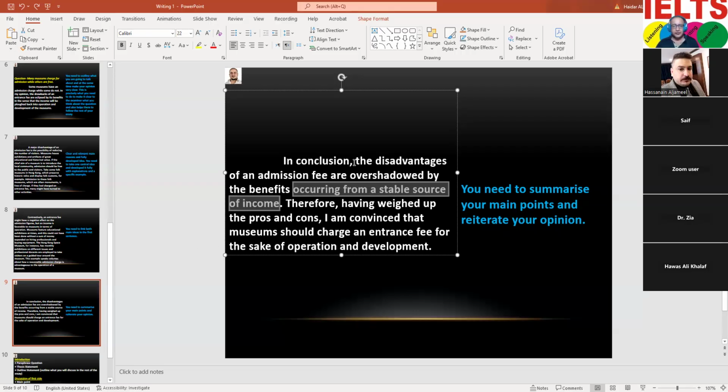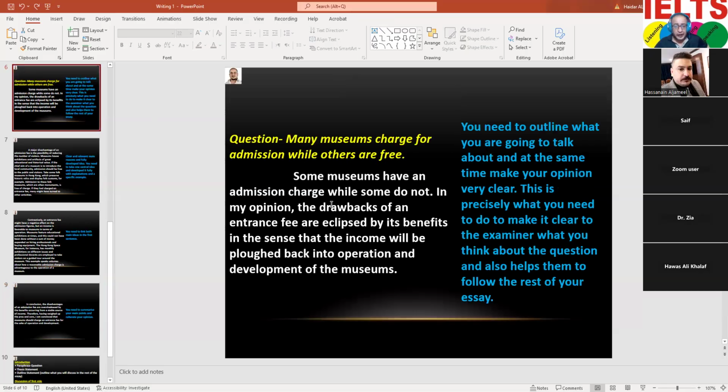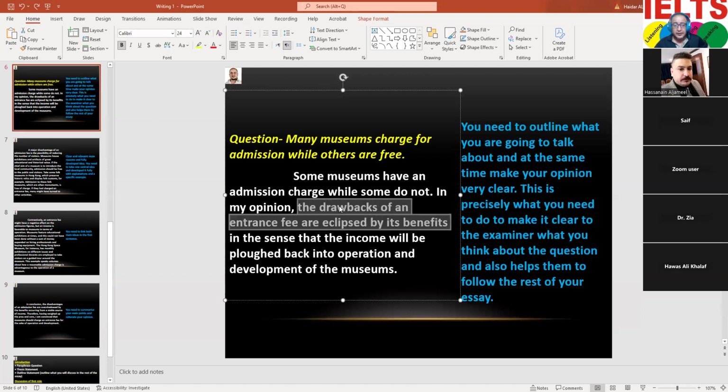What I mean precisely, if you reread this sentence, the disadvantages of an admission fee are overshadowed by the benefits, it's precisely the same sentence here, but paraphrased. In other words, after writing in conclusion, you paraphrase your answer to the question of the introduction.